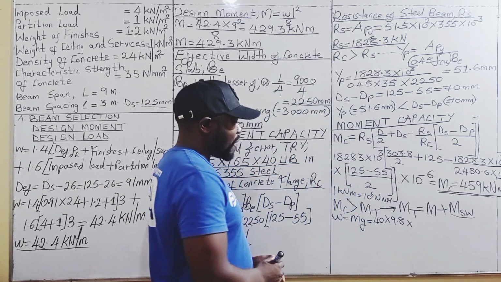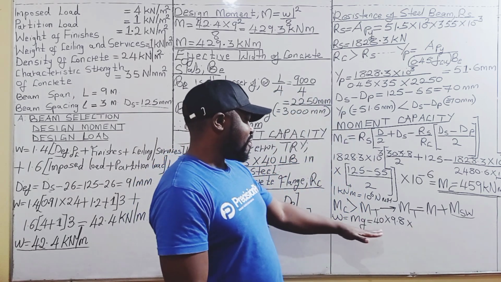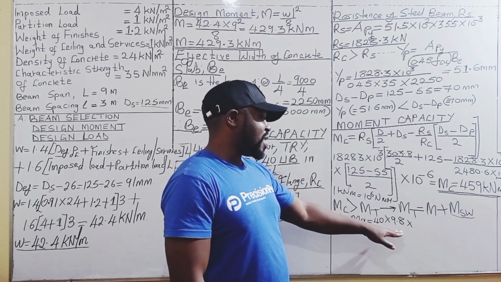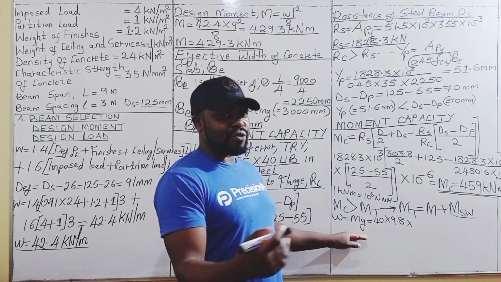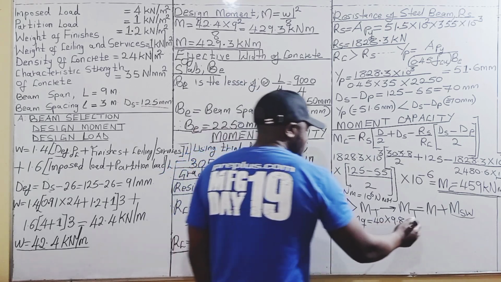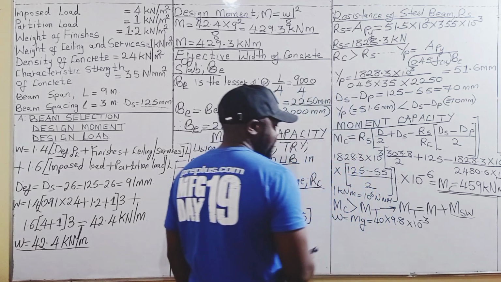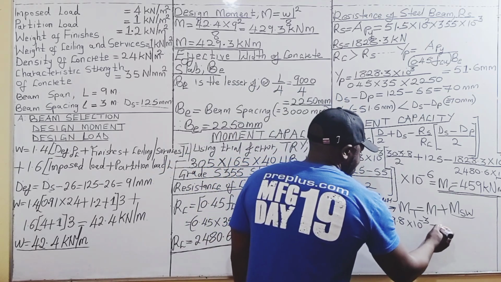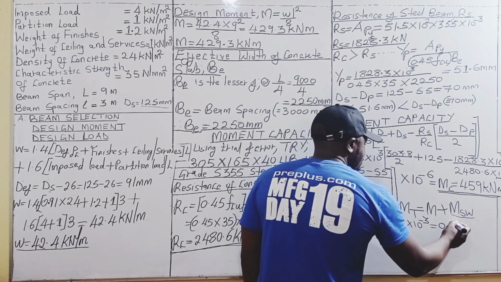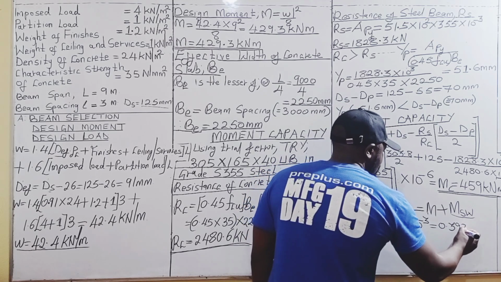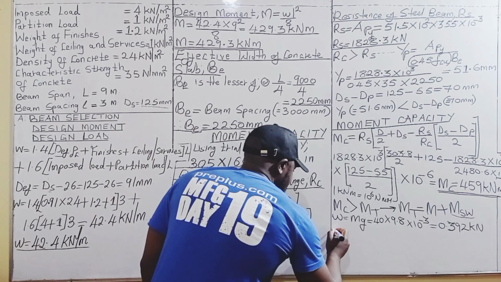We are going to get the weight in newtons. So we convert the weight from newtons to kilonewtons by dividing this by 1,000 or 10 raised to the power of -3. And by doing so, this is going to give us 0.392 kilonewtons. That is the weight.